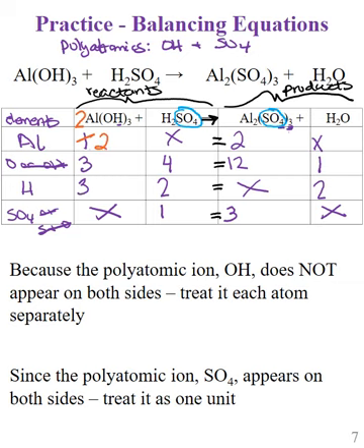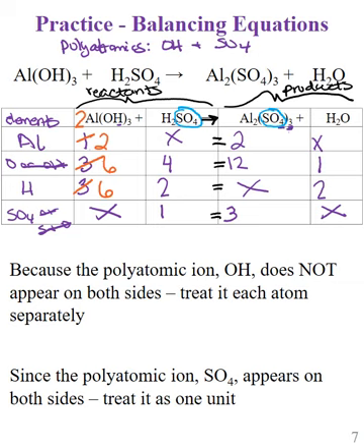But now that also will change my other answers. Instead of 3 oxygens, how many oxygens will I now have? 6, because 2 times 3 is 6. Basically, you're just multiplying this entire column by 2. Okay, so our aluminums look good.